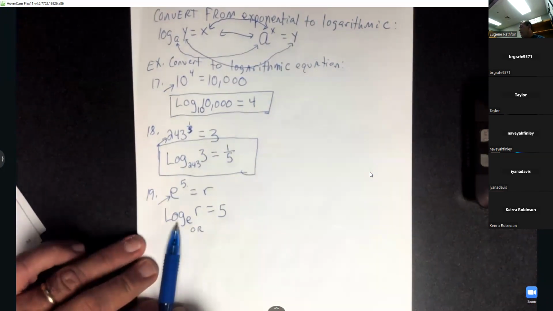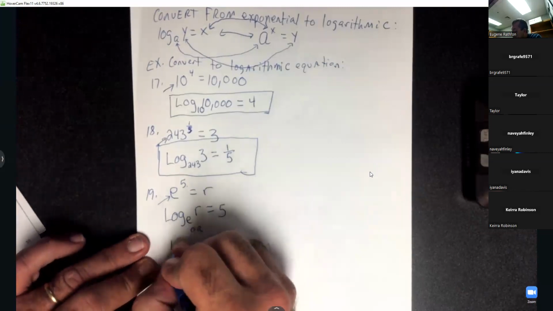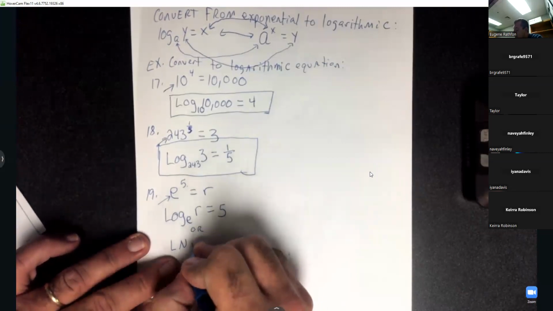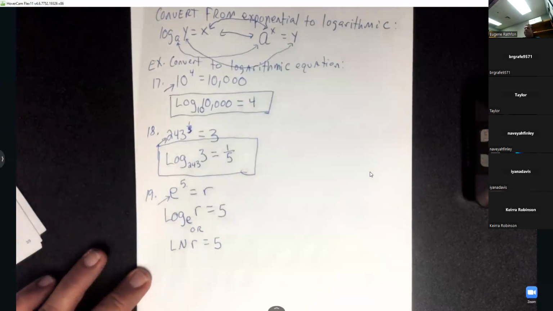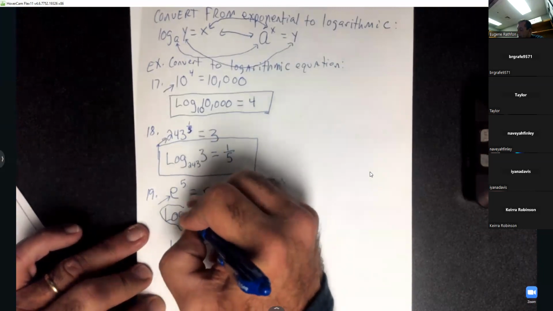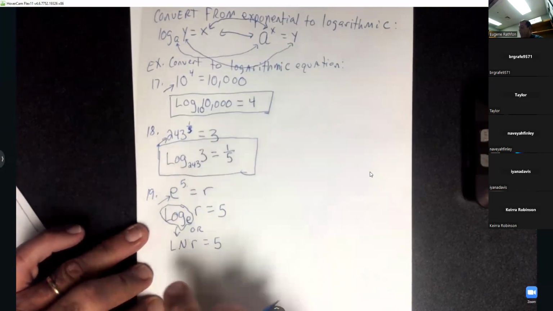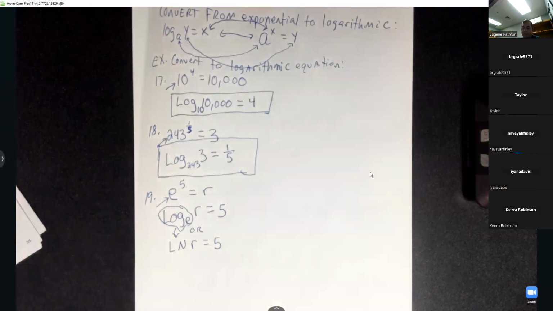So y'all, there's another way I can write log base e, remember. Since that's a log base e, I could use my ln of r equals 5. So y'all, anytime you get this log base e, you can change that to the ln notation of r equals 5, okay?